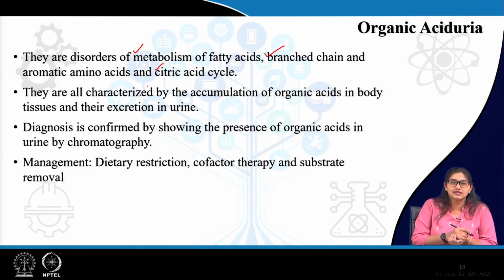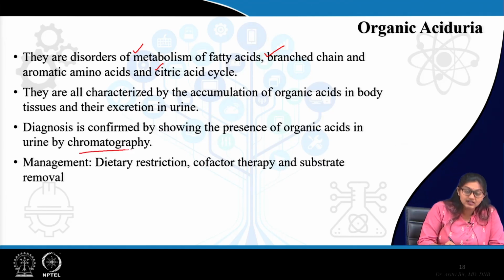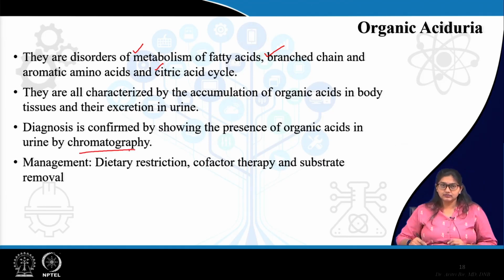Now, what happens? There is accumulation of organic acids, and those organic acids are excreted via urine. So that is the diagnostic landmark: organic acids are present in urine and are detected by chromatography. Now, how can that be restricted? The substrates which, when oxidized, produce organic acids should be removed or restricted in the diet.